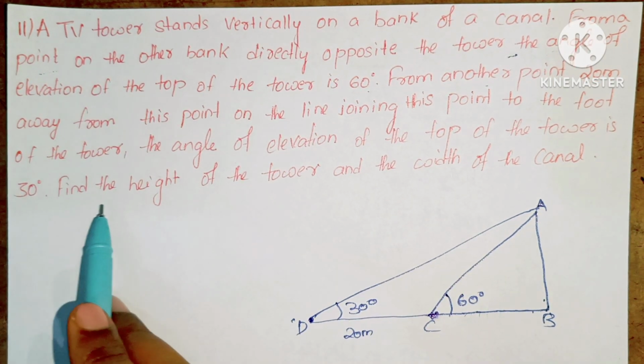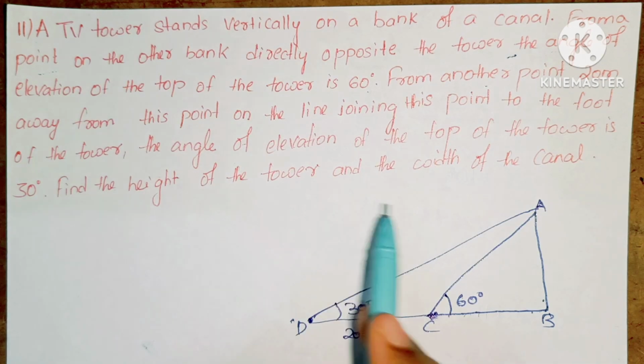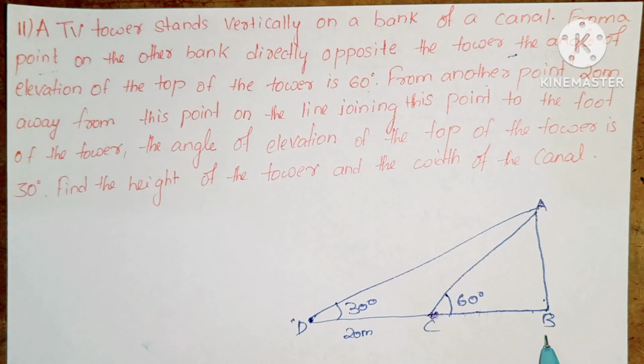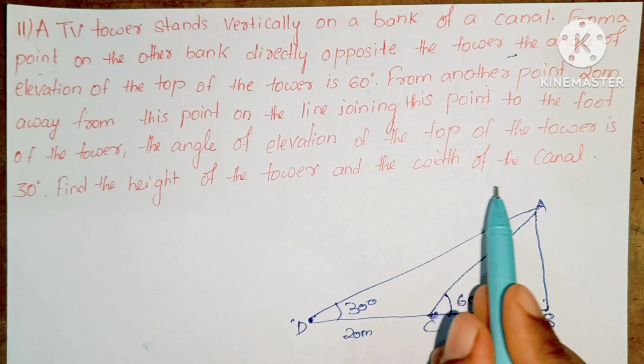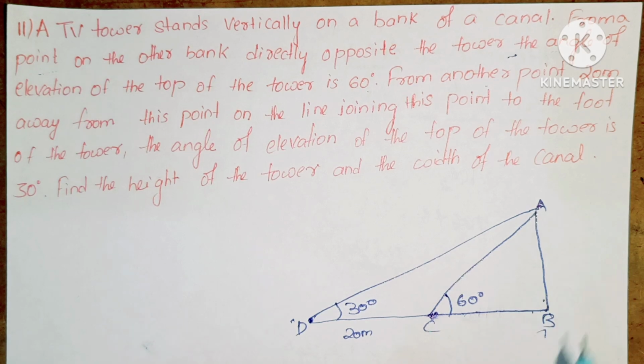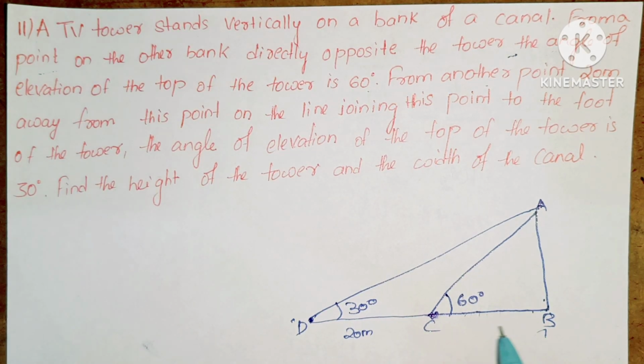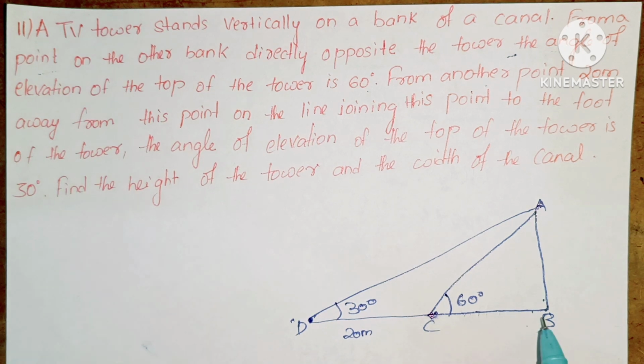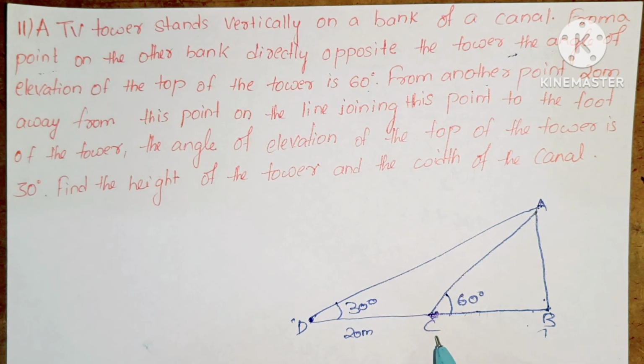So what did he say to find? Find the height of the tower. So he said to find AB. Okay. And the width of the canal. So this one is the width of the canal. This one is the river bank, and at the corner of the canal one tower was there. That means the width of the canal is nothing but BC. Okay.